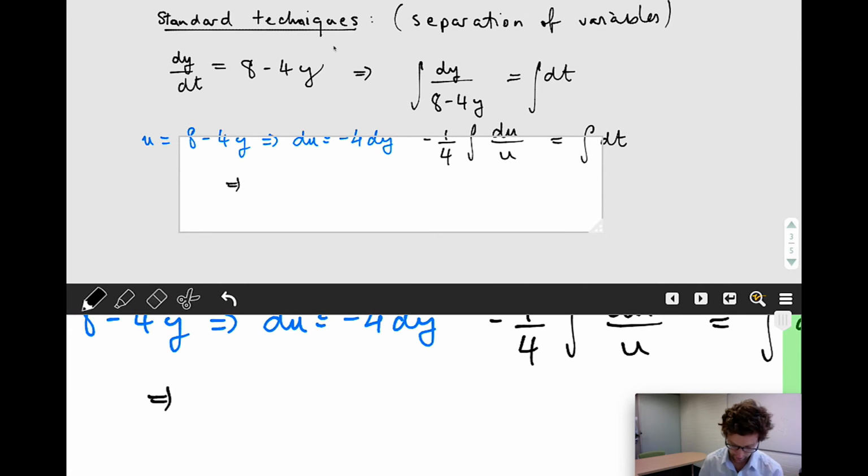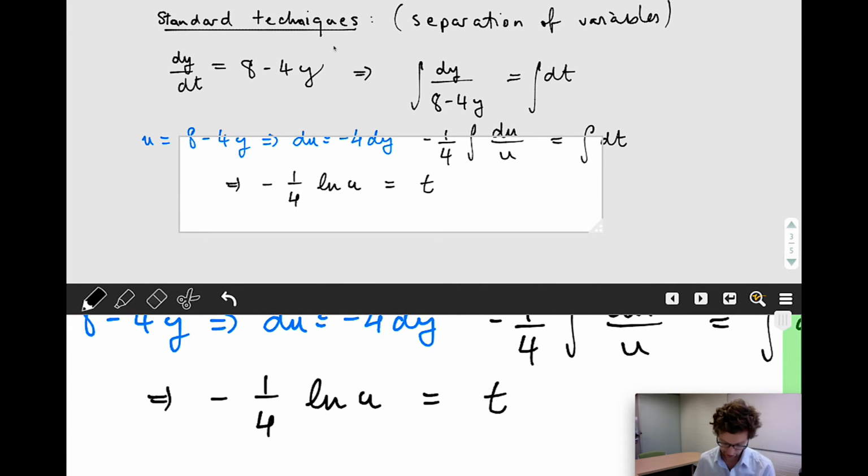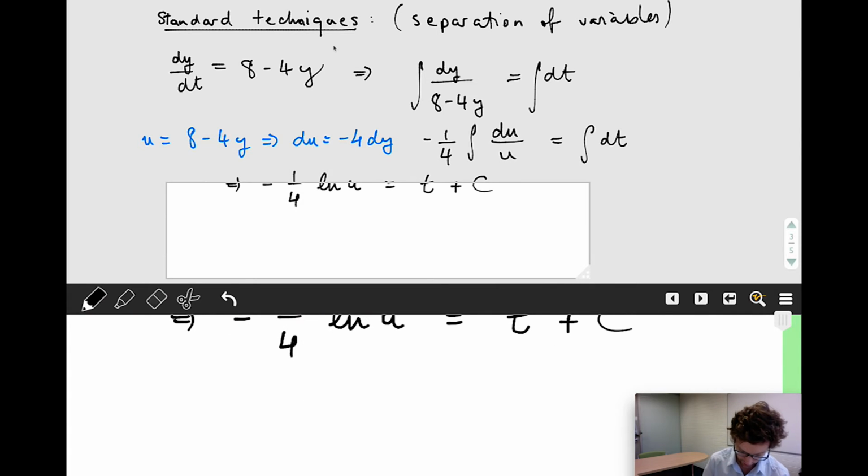The integral of du over u is just the log of u. Integral of dt is just t. And I can add a constant of integration. Let's substitute back in what u was and multiply up by that factor of minus 1/4.